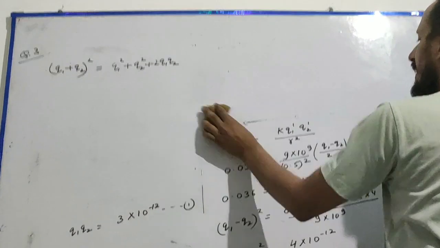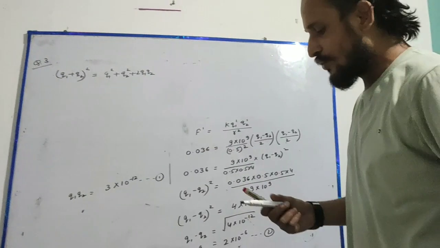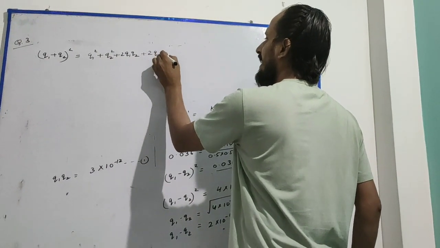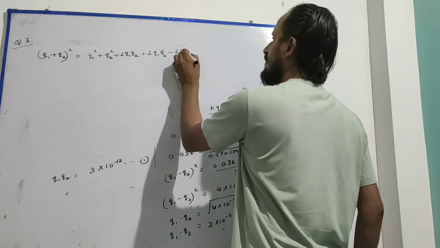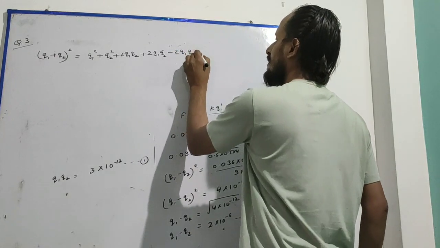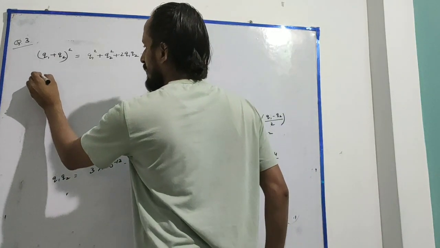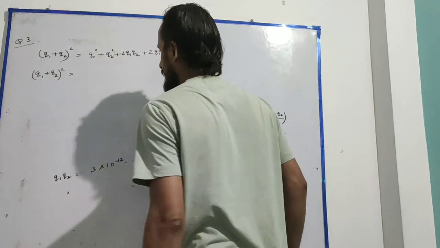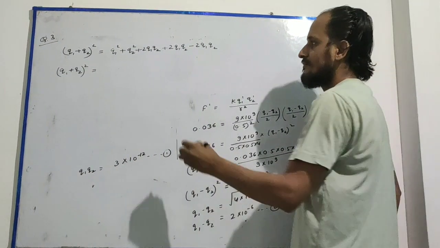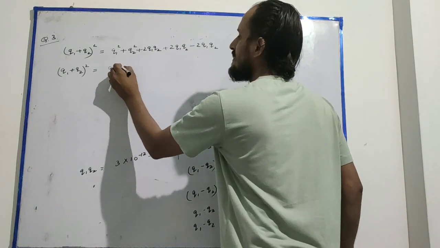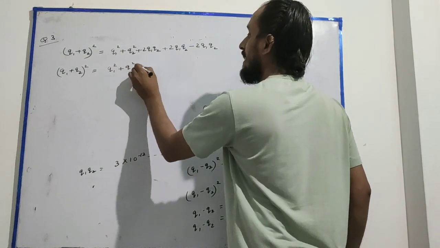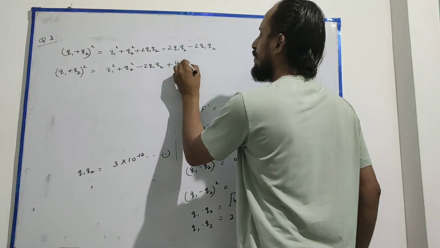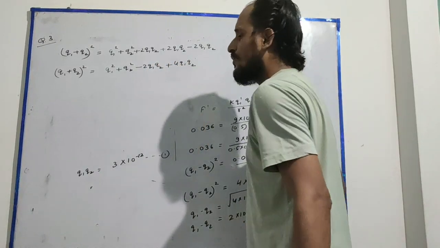Now if we add plus 2Q1 Q2 and minus 2Q1 Q2, it will not change the relation. So what can we write? (Q1 plus Q2) whole square is equal to Q1 square plus Q2 square minus 2Q1 Q2 plus 4Q1 Q2.